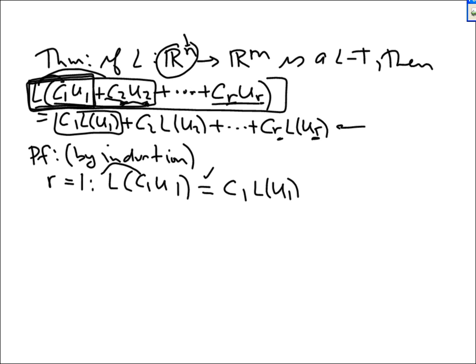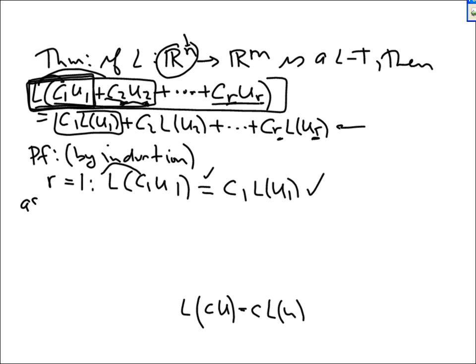Linear transformation says if you have L of a scalar times any vector, you could pull out the scalar. And that's all I did. So this one is true.